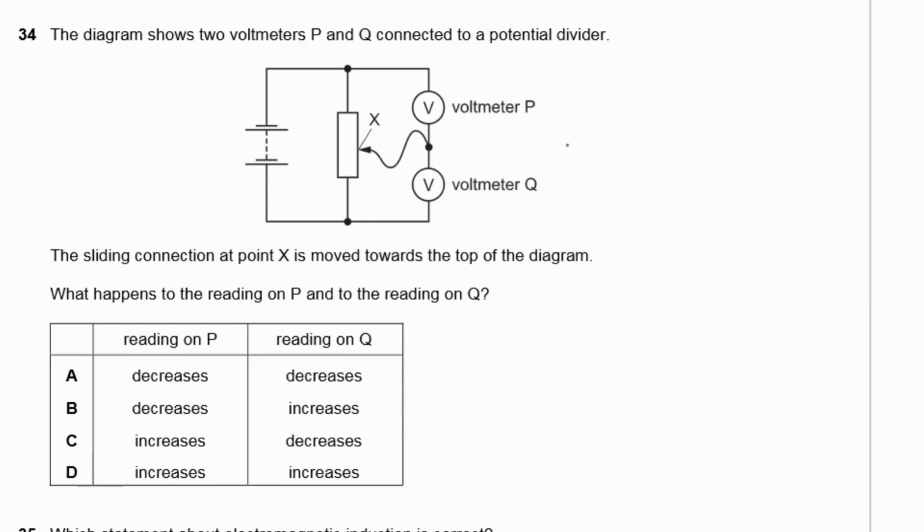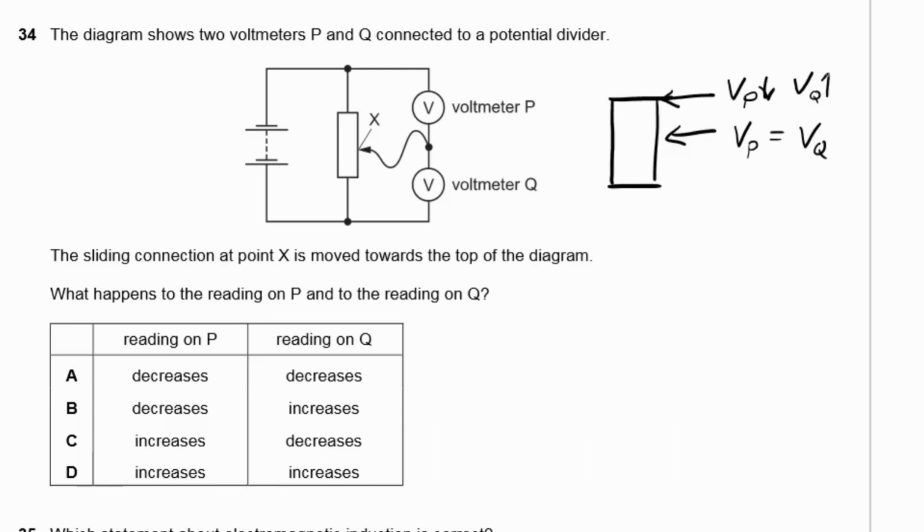34. The diagram shows two voltmeters P and Q connected to a potential divider. The sliding connection at point P is moved towards the top of the diagram. What happens to the reading on P and the reading on Q? Oh, interesting. Okay, so let's just draw out what's actually happening here. At the center, the voltage reading at P is going to be equal to the voltage reading at Q. As we get to the top, the voltage reading at P is going to be much smaller, and the voltage reading at Q is going to be much larger.